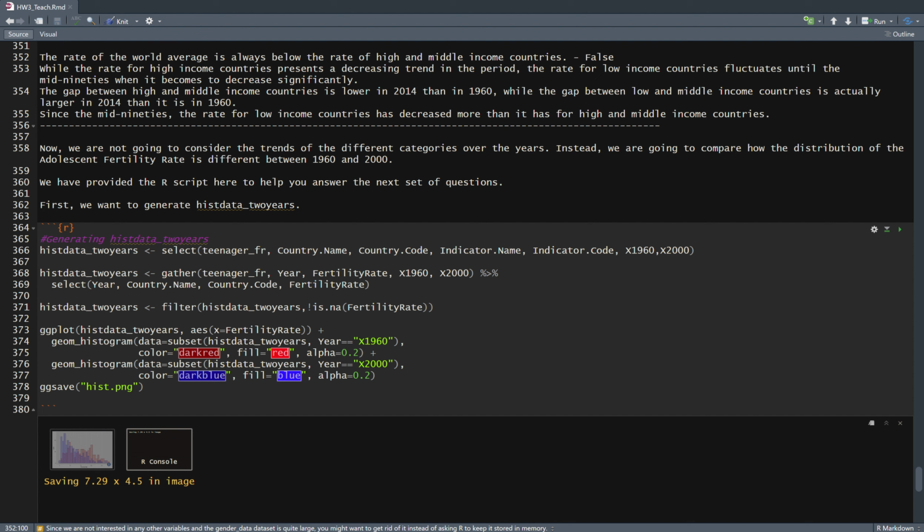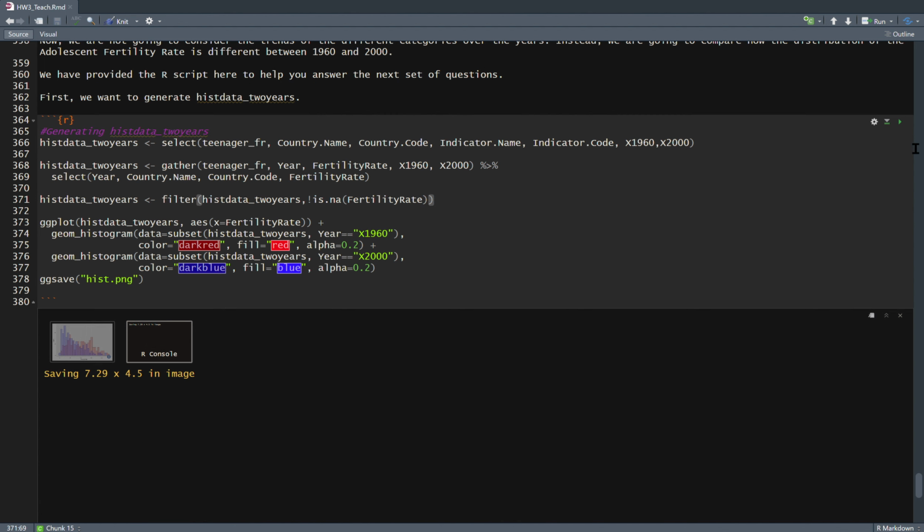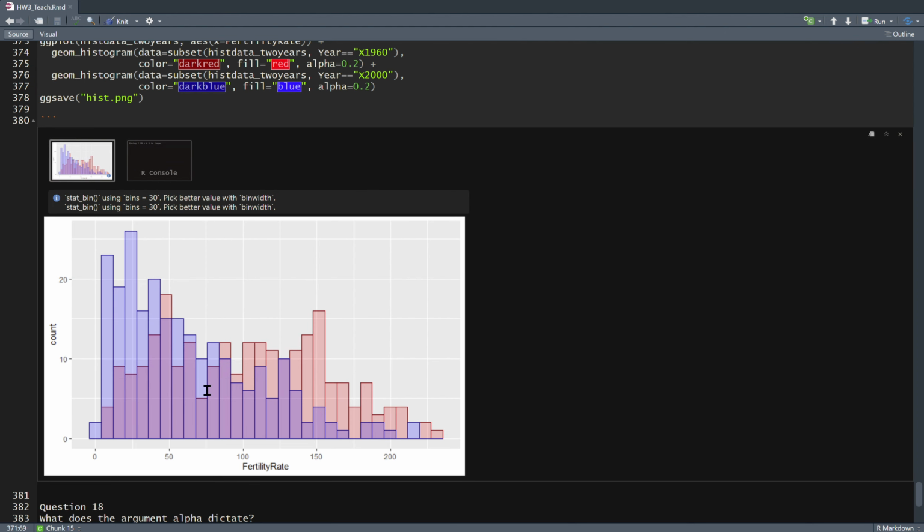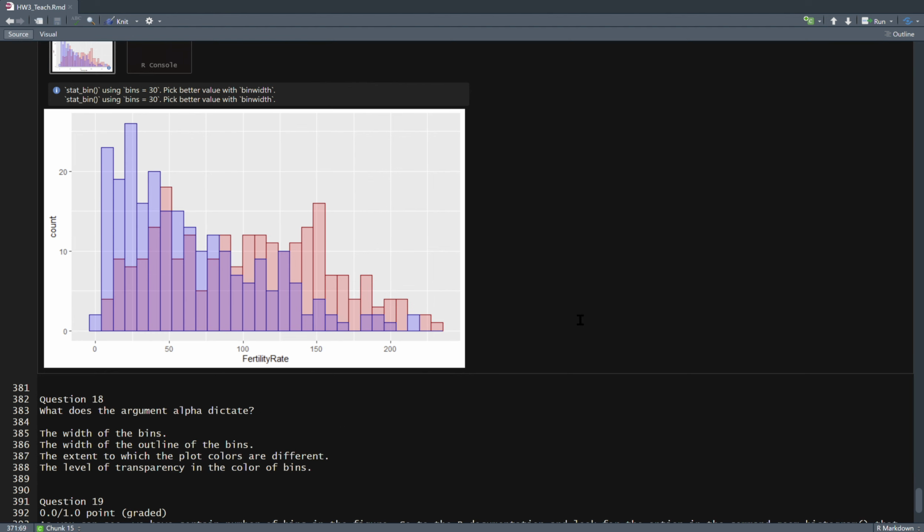We have been provided a script, and we need to answer a few questions based on it. We'll run this script to see what we get. We get this graph here. It's a distribution graph, a bar distribution graph.